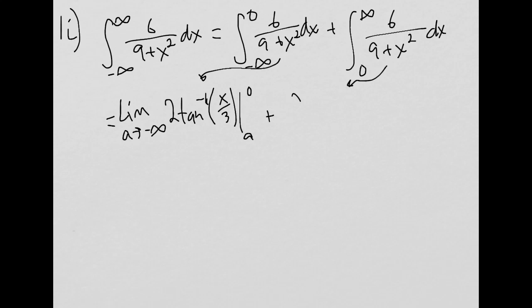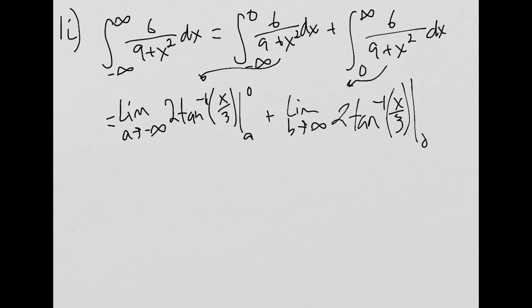plus the integral from 0, plus the limit as a new dummy variable, b, approaches infinity, of the same thing, 2 tan inverse of x over 3, evaluated, and now I'm going from 0 to this b value.